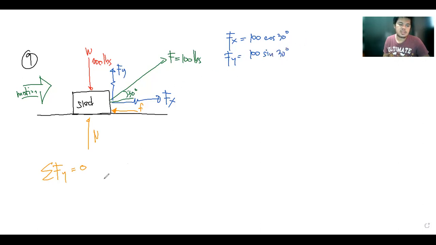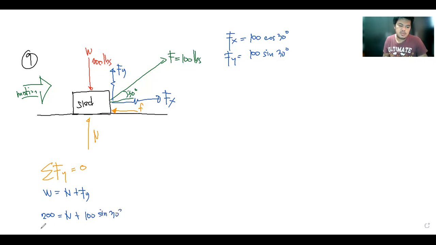Okay, so if we do summation of forces along y, that makes it weight, equal to the normal force plus the force component along y. So we have the value 200 equal to the normal force plus 100 sine of 30.